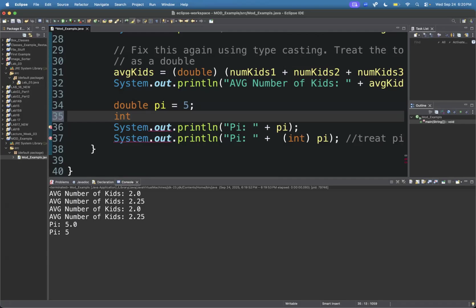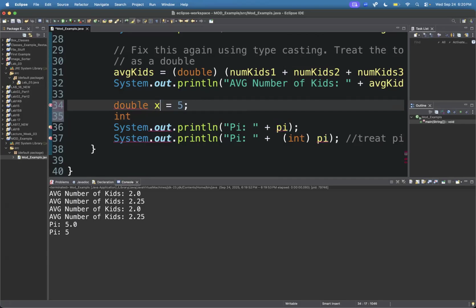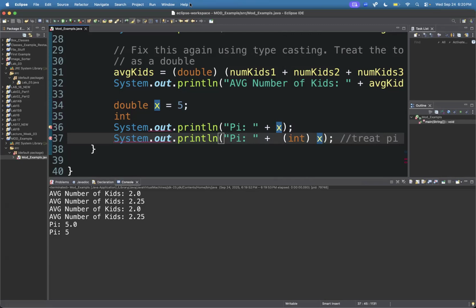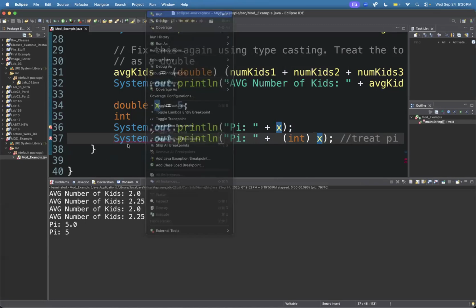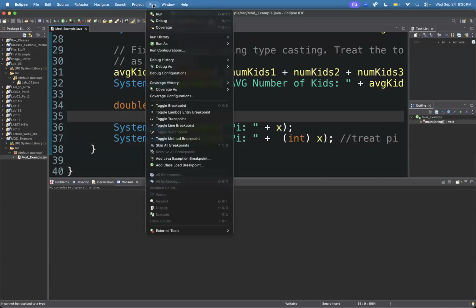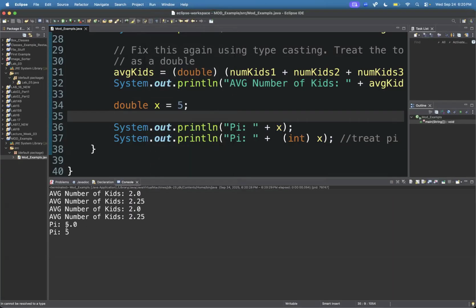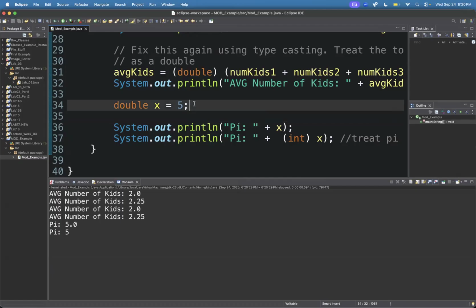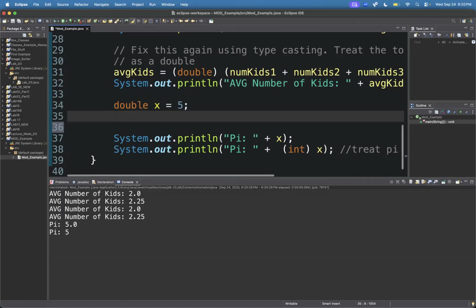So let me just change this to x or something, because it's not pi anymore. If you say double x equals 5, that's fine, even though the right-hand side is an integer. The other way around doesn't work though. If I say int y equals 5.0, this is an error.